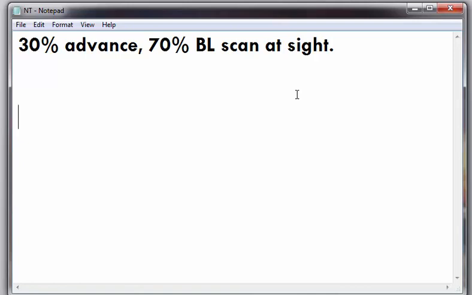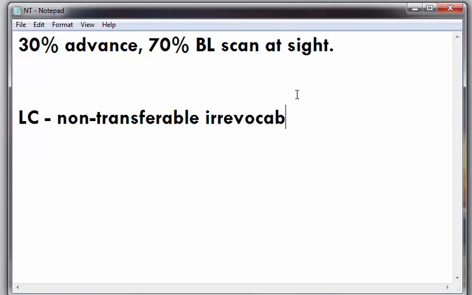So if a buyer does not agree with this type of payment method, it's always good to use LC: non-transferable, irrevocable LC at sight. This is what I always use when I know that a buyer won't go with my option one. If you cannot go with these two options, then there is no deal between us.